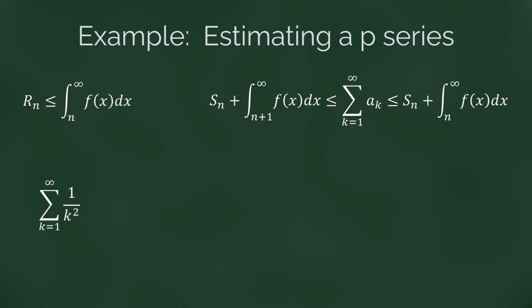Now, let's see if we can estimate our series, the sum from k equals 1 to infinity of 1 over k squared, using 50 terms.